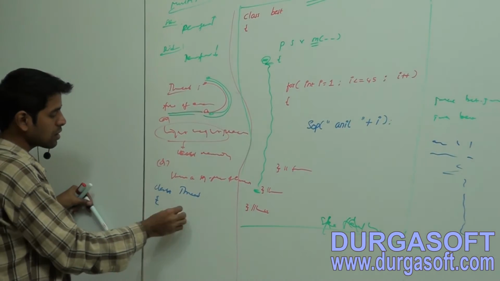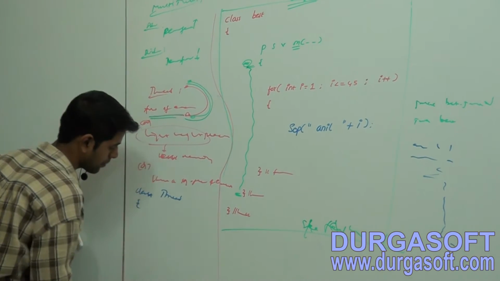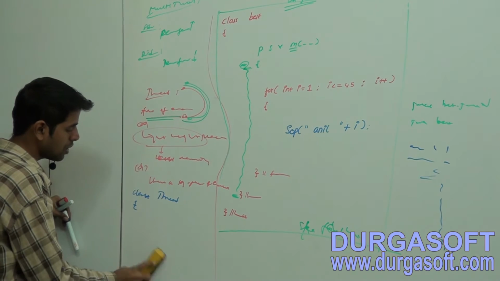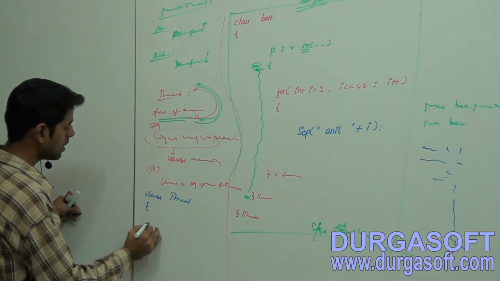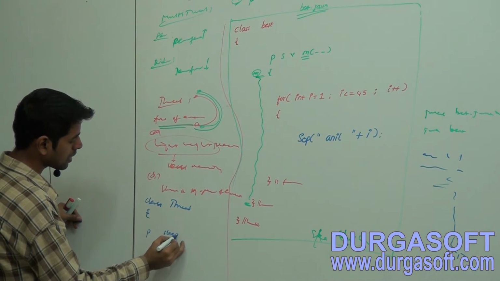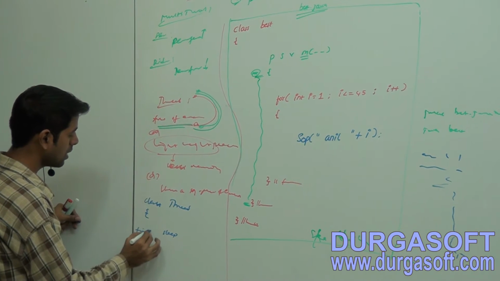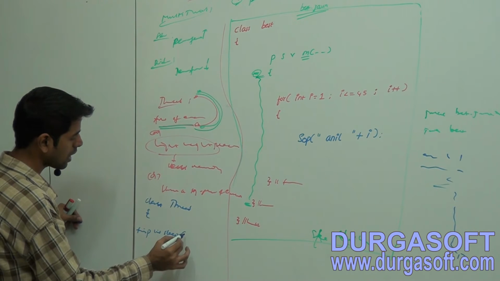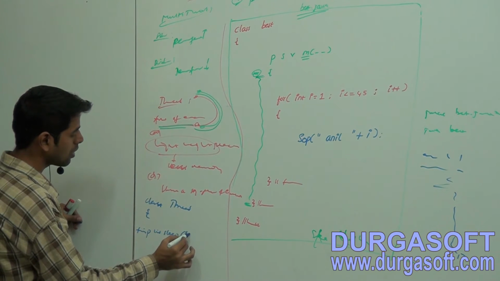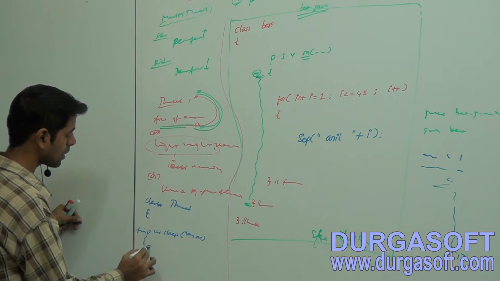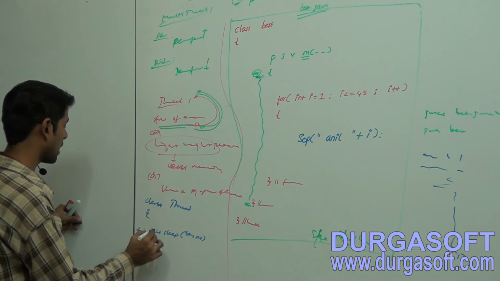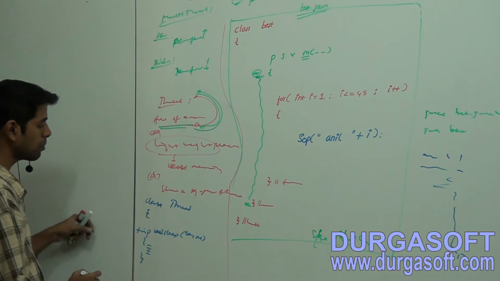Within the class called Thread, we have one method called the sleep method, which is a final void method, having an argument of type long milliseconds. Observe here: final void sleep(milliseconds).